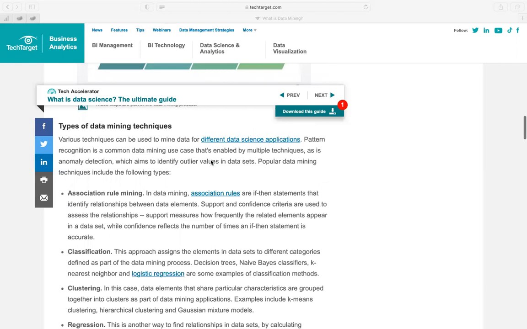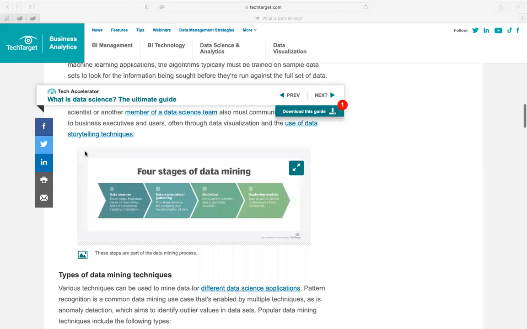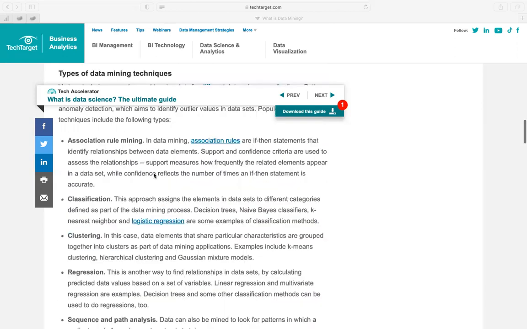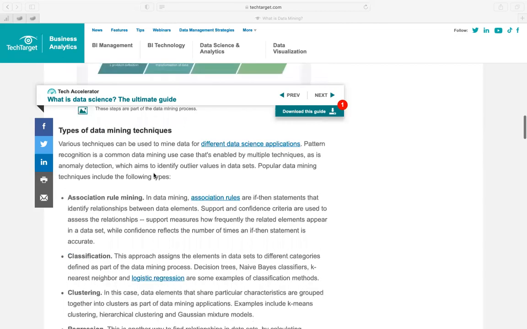Now, when we go to the third step, we saw data mining techniques. So here we'll take a look at some of the data mining techniques that can be used in mining our data. The first one is association rule mining.